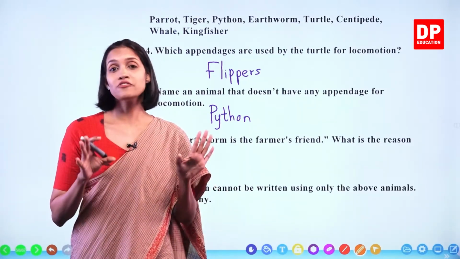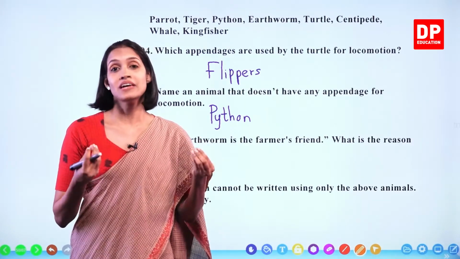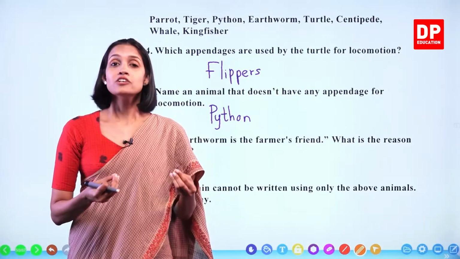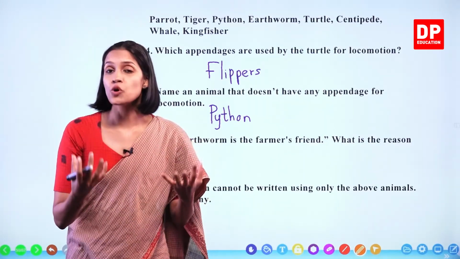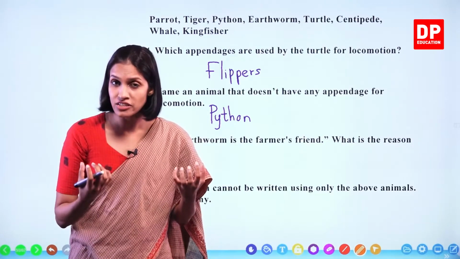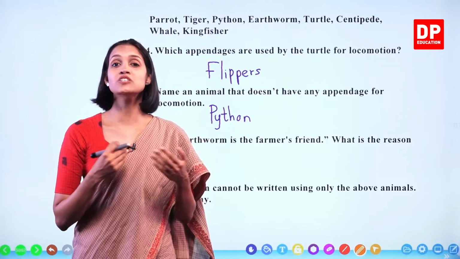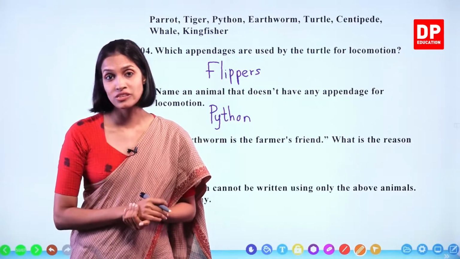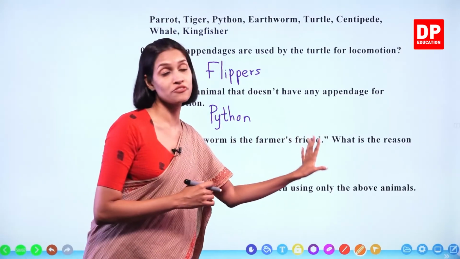You all know that for plant growth, the plant roots need a lot of water and air. Right? So when there are more pores present in the soil, these pores can retain adequate amounts of water and air. Right, children? This will help in plant growth. This is why earthworm is considered as farmer's friend.